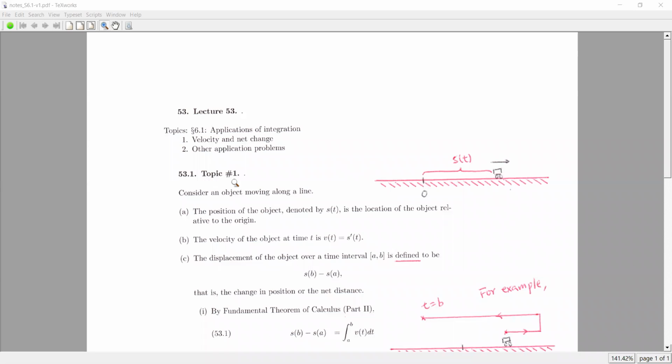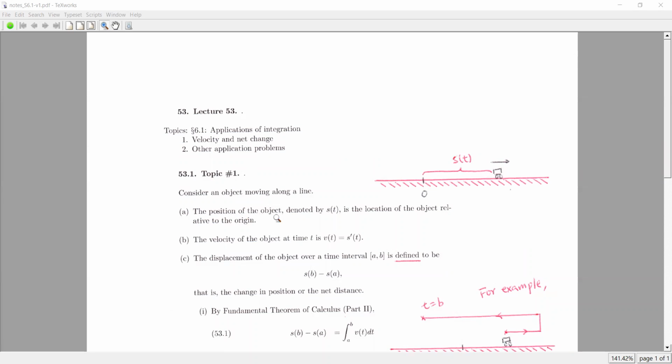Topic 1. Here are some basic concepts and formulas about a moving object. Consider an object moving along a line. Say, a car is traveling along a straight road. A. The position of the object is the location of the object relative to the origin.